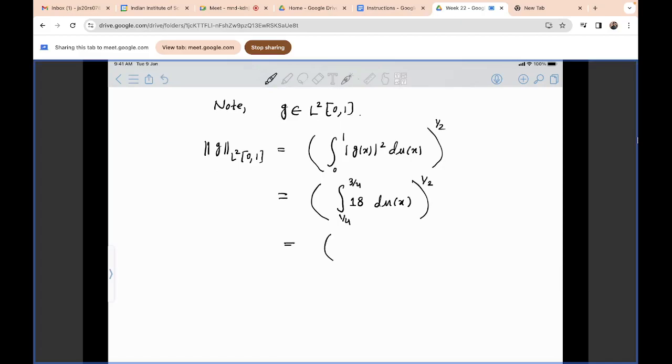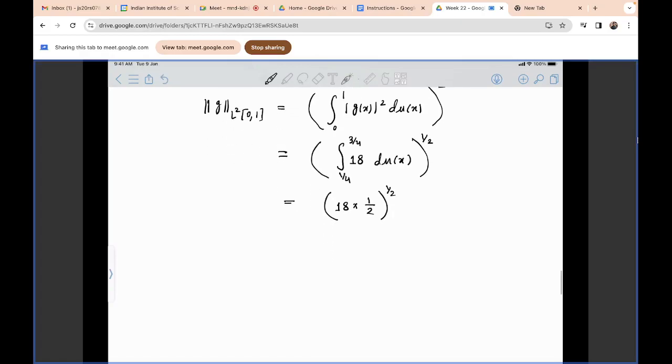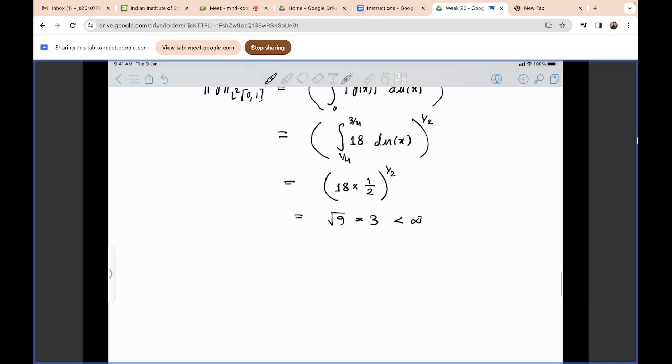Means it will be 18 times 1/2, to the power half. So it's square root 9, so 3. So this is finite. So g is in L2.